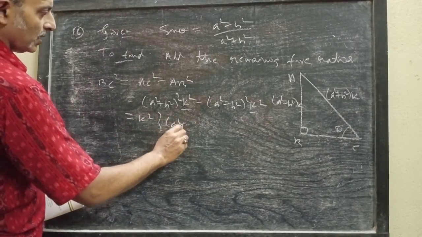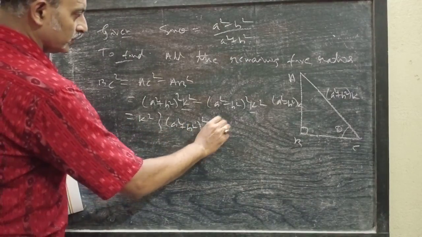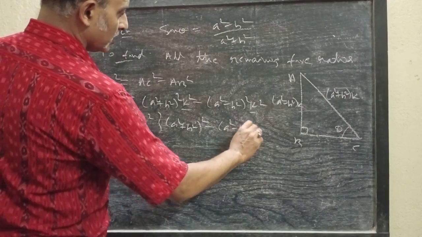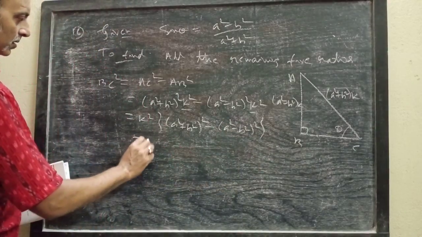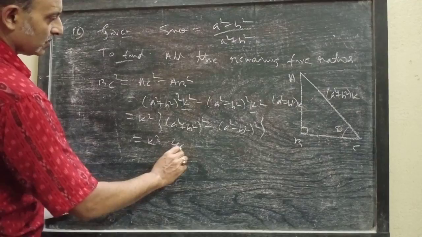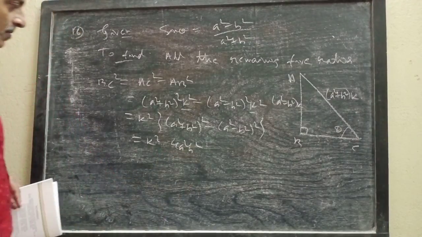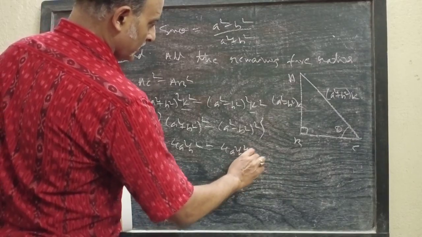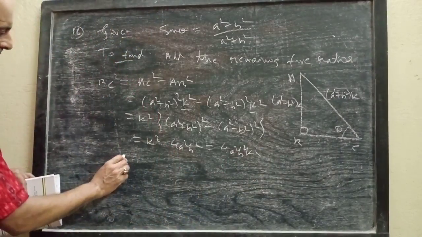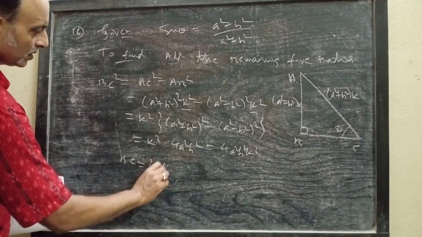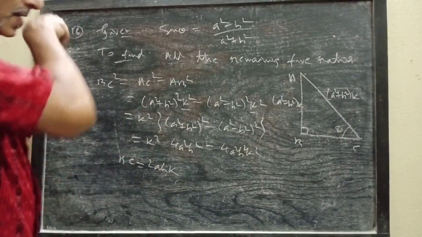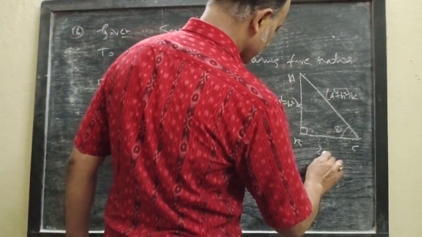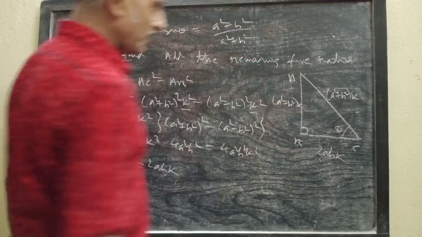You get (a square plus b square) whole square minus (a square minus b square) whole square, which by the formula is 4a square b square. So you get 4a square b square k square. This is BC square. So your BC will be 2abk. This is BC.